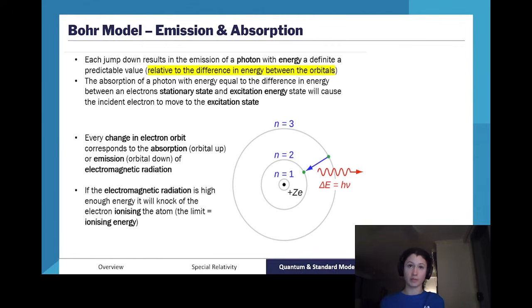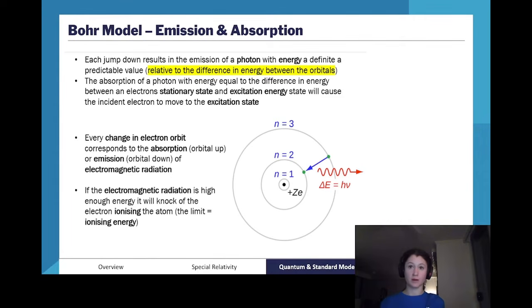So, let's talk about how it addresses the issues. Firstly, each electron releases or absorbs a certain amount of energy every time it moves, and it doesn't release energy continuously; it releases energy in discrete amounts until it reaches a stable orbital. This tells us that we have distinct, discrete orbitals, whereas Rutherford's model just said that we had electrons going around anywhere.